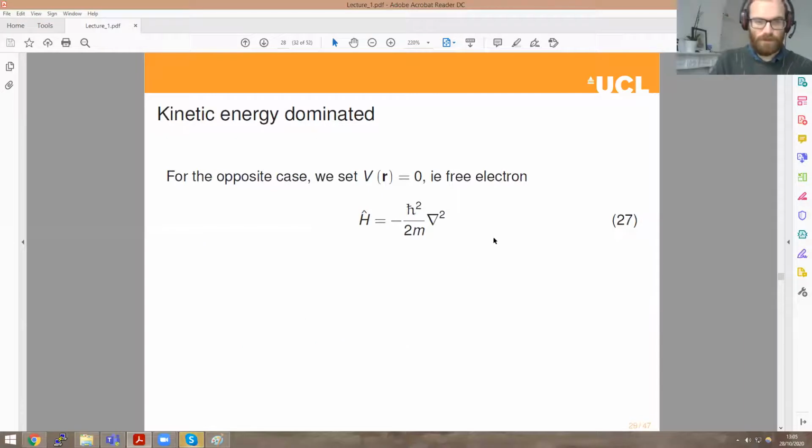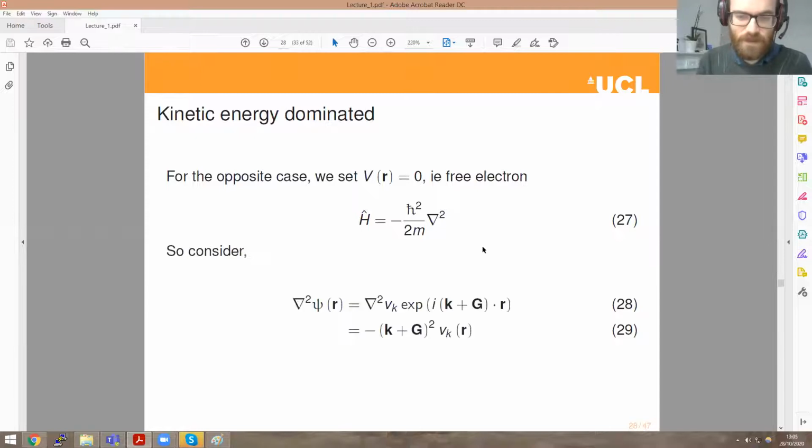So let me refresh my memory. This is the example where we have the kinetic energy dominated situation, so just put the potential to 0. So we've got a Hamiltonian, and we've got this substitution here.